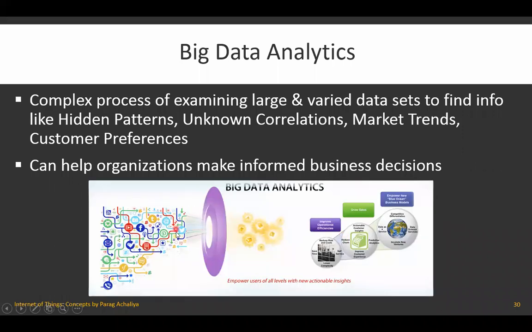You can see in this diagram all these symbols are social media symbols: Facebook, Twitter, Instagram, Pinterest, and so on. All those social media generate some amount of data, that data is processed, and that processing is big data analytics. After this there will be some analysis and some output, and that output helps in taking business decisions. That is what big data analytics is.